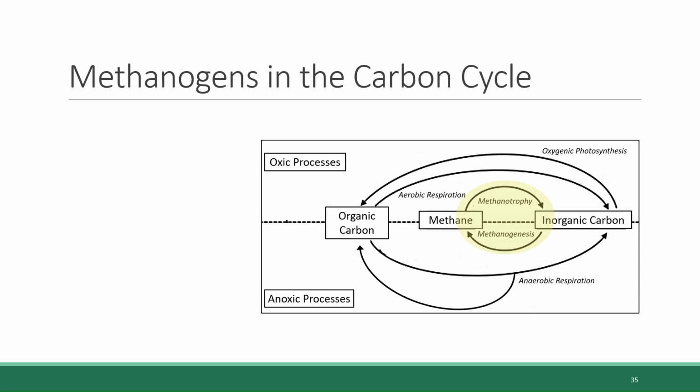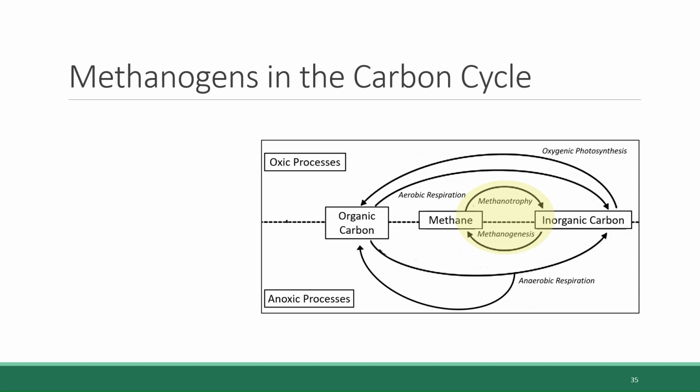Only certain microbes within a group known as archaea, called methanogens, are able to do this. These archaea are distinct from bacteria in the tree of life. Methanogenesis does not require oxygen, and so it is possible in oxygen-depleted environments. And methanogens are prevalent in many soil types and play an important role as decomposers.